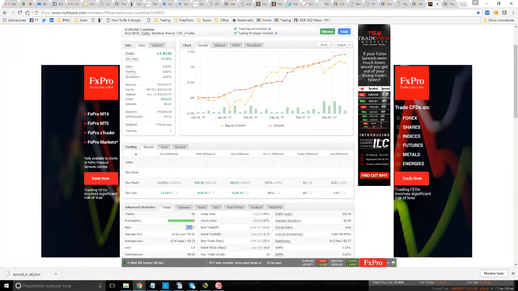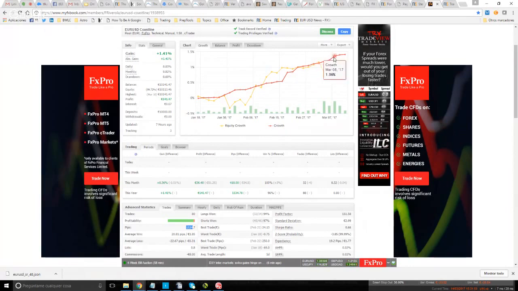Probably we will reach the end of the year with between 10,000 and 20,000 pips. This is a huge amount of pips, and all these pips are adding to your balance, to the account.